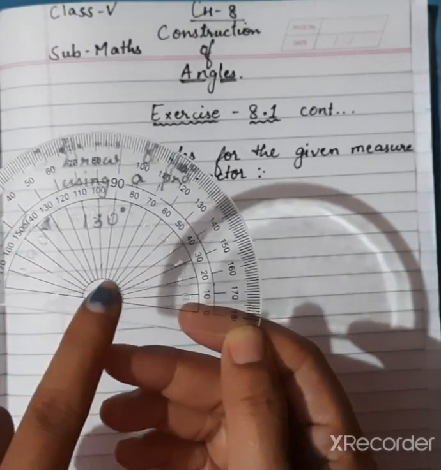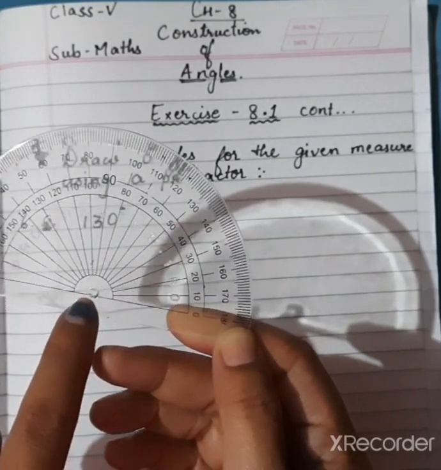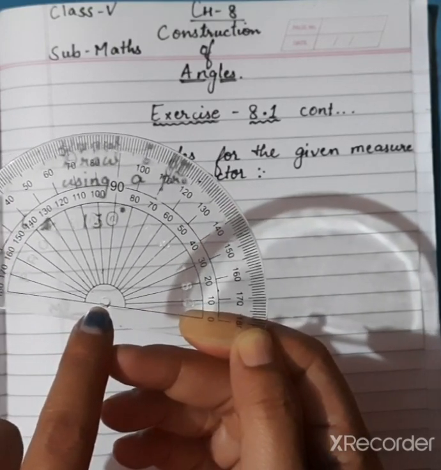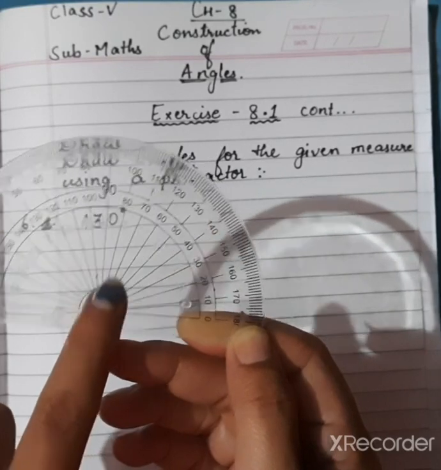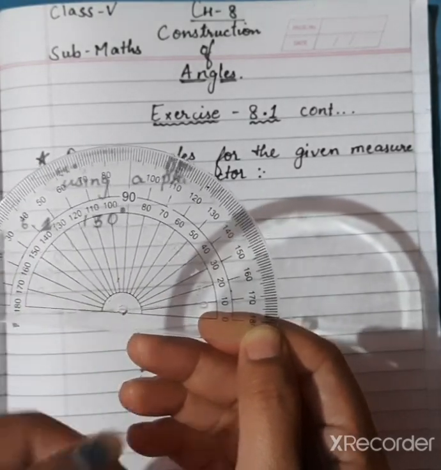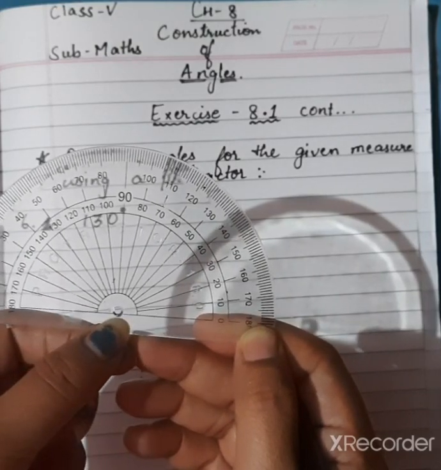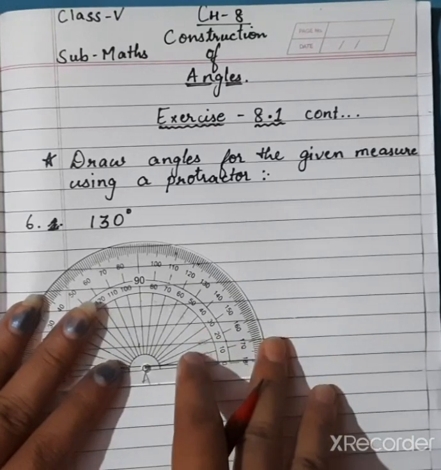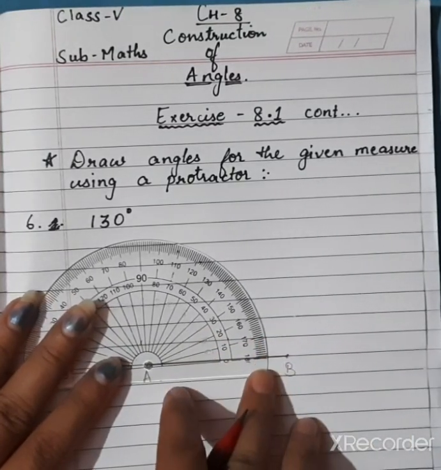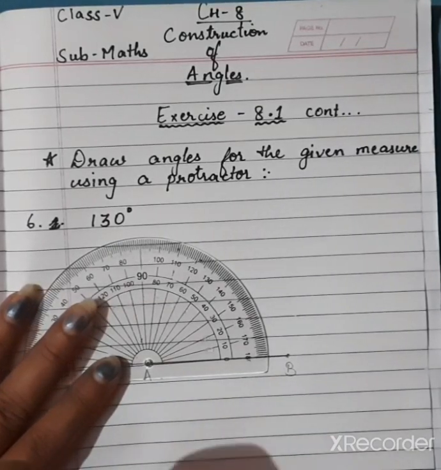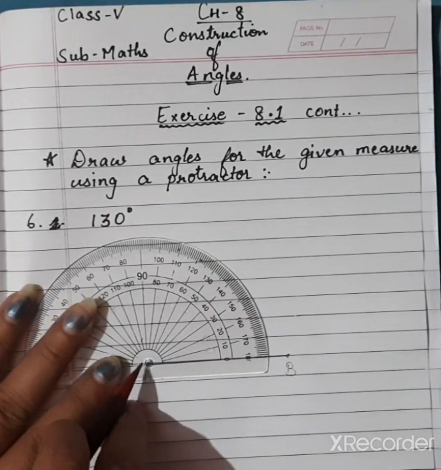Now, as you can see in the protractor, one small dot or circle is there, or in other protractors one center line is there. You have to put that dot or center line on one of your end points, that is A, like this, and then you have to start counting.